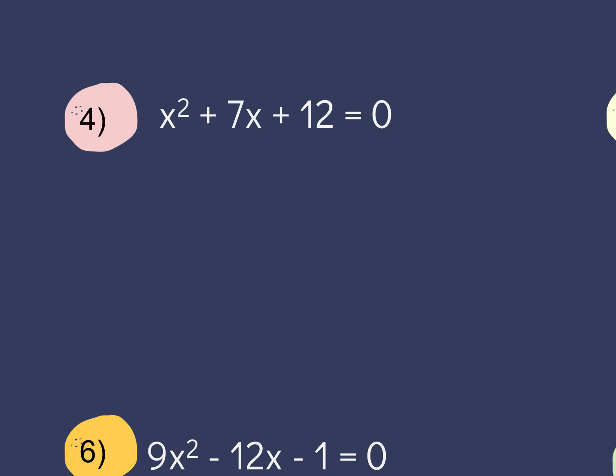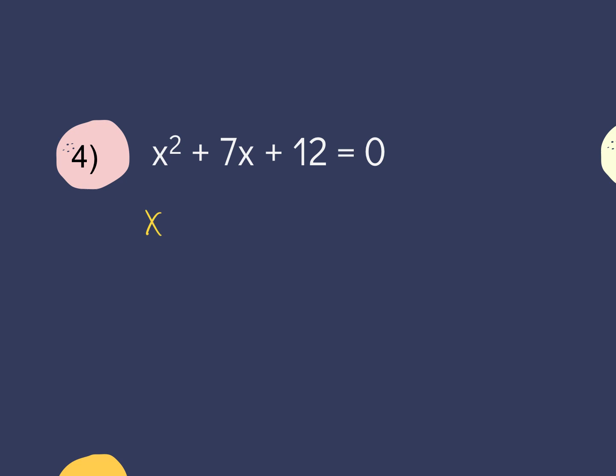But if the directions say solve by completing the square, and you get the answer, but you didn't find it by completing the square, did you follow the directions? No. So let's follow the directions like it says. If something factors, great. That's a good way for you to check. But if we are completing the square, then that's what we need to do.